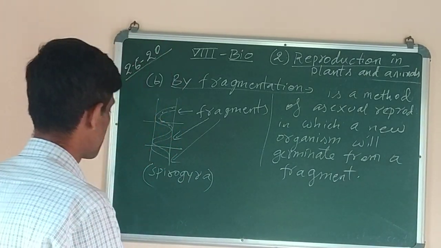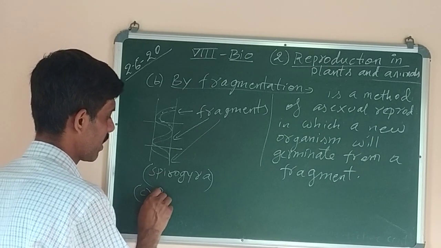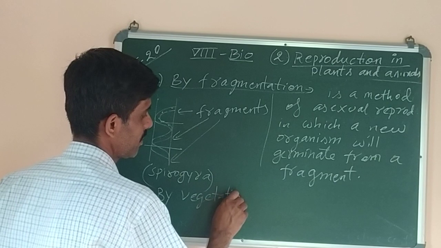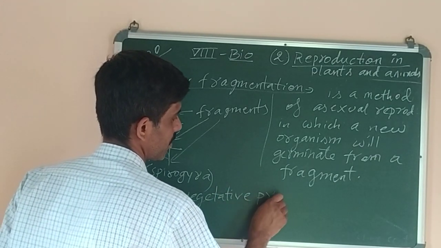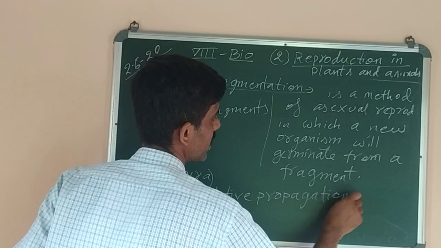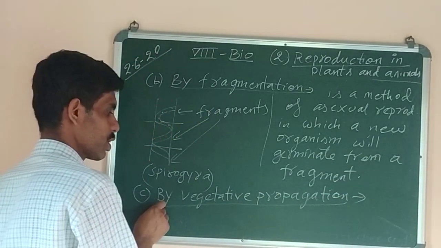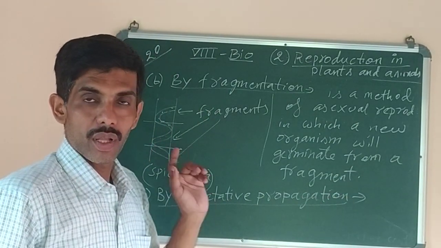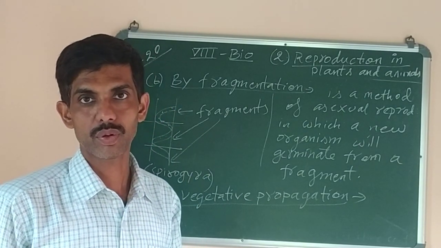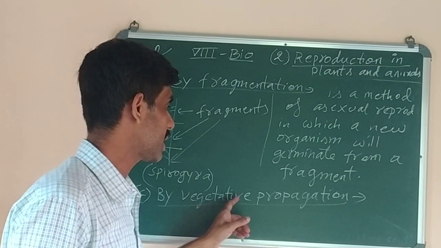Now, next one we have to study number C, that is by vegetative propagation. Propagation means growth. To grow into a new plant, that word is called propagate. So by vegetative propagation, plants can grow or they can reproduce asexually by vegetative parts.